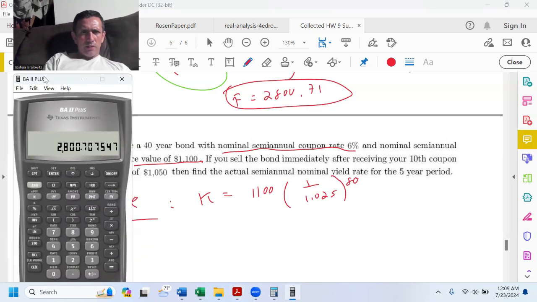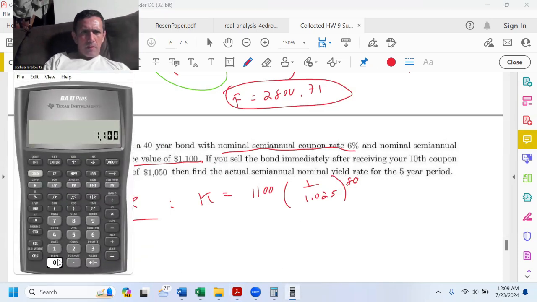What is that? 152.58. Store this in one spot.